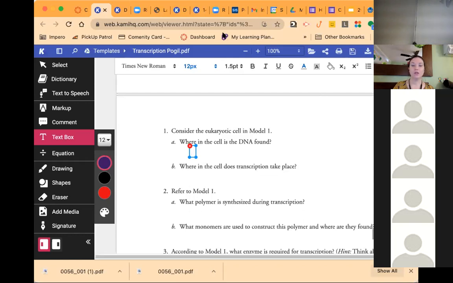Okay, Wyatt, can you log out and log back in and see if you can get your audio to work? Val, where in the cell is the DNA found? Nucleus. Yes.